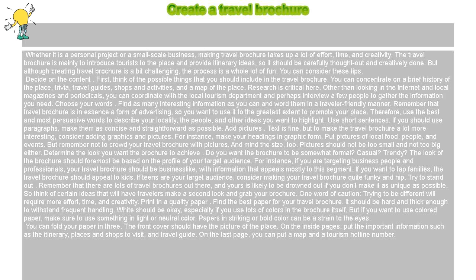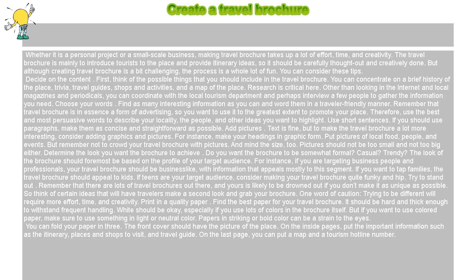Decide on the content. First, think of the possible things that you should include in the travel brochure. You can concentrate on a brief history of the place, trivia, travel guides, shops and activities, and a map of the place.